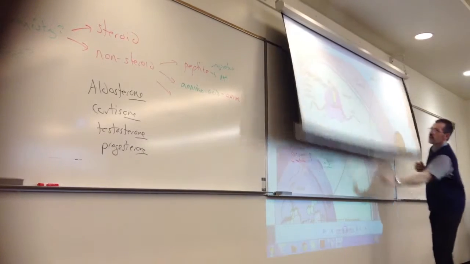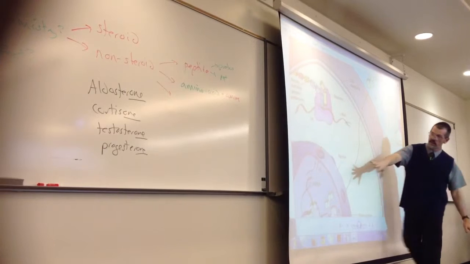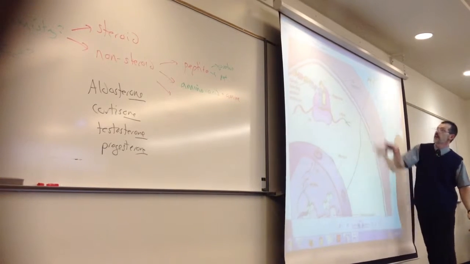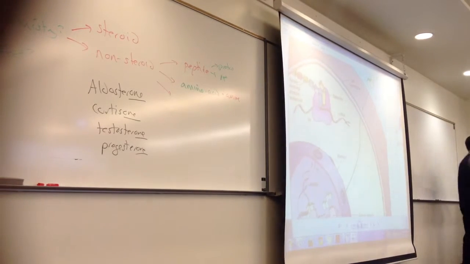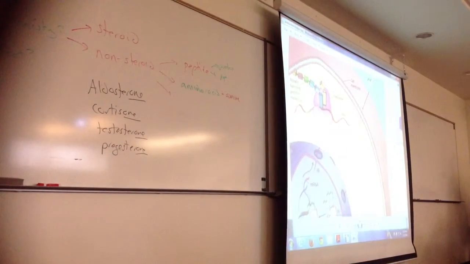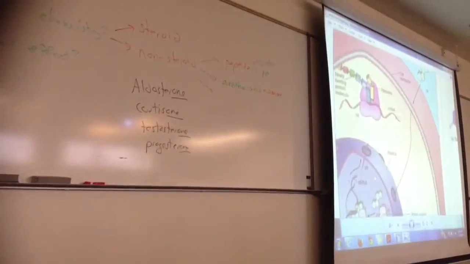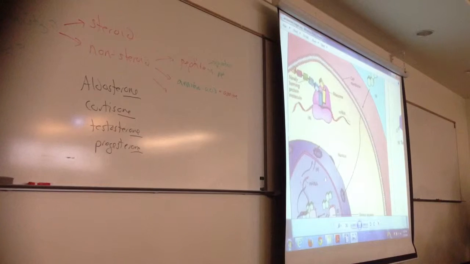Okay, to get your bearings, this is a nucleus down here. Cell membrane here, that's a hormone up there. So what do you notice about the hormone? Where's it going? Into the cell, and then into the nucleus. That's what makes it a steroid. Steroids, remember, biology 112, are lipid-based, or they're fat.